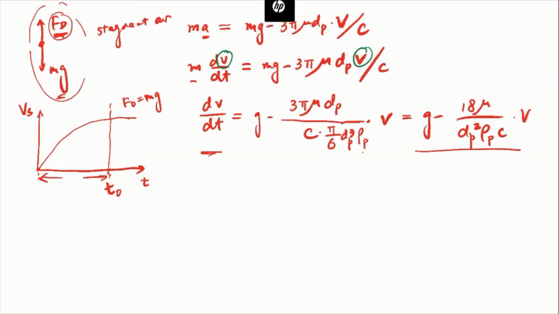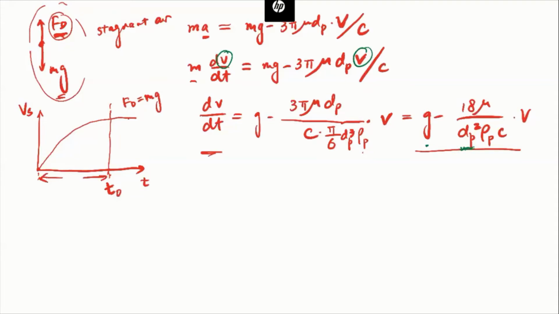So if we look at this term here, of course the gravity is going to be a constant, right? The mu, particle size, the particle density, and c, they're all constants, right? Especially particle size. It's not like when you settle down, the particle shrinks or expands, right?